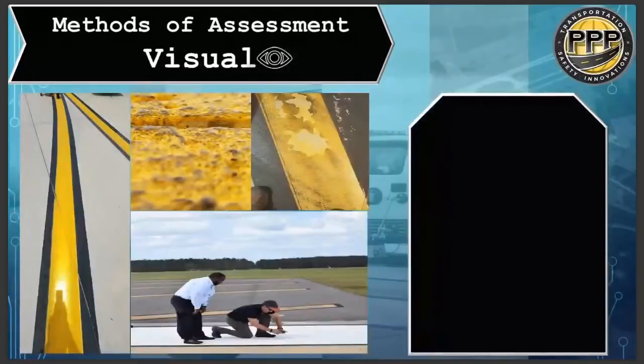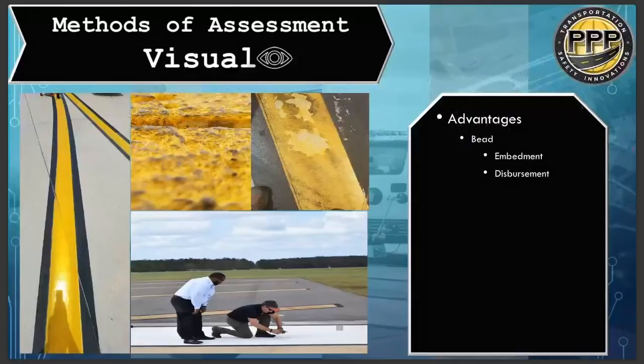The advantages of a visual inspection is that you're able to get real close, as I said about taking the pictures, and look at the bead embedment and the dispersement across the line. You can also look closely at the paint. You can check the condition out. You can check the adhesion. Again, this is oftentimes a type or quality issue.